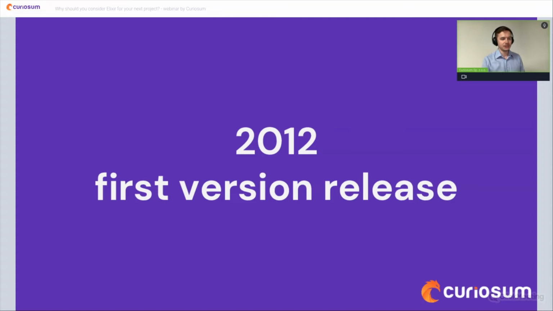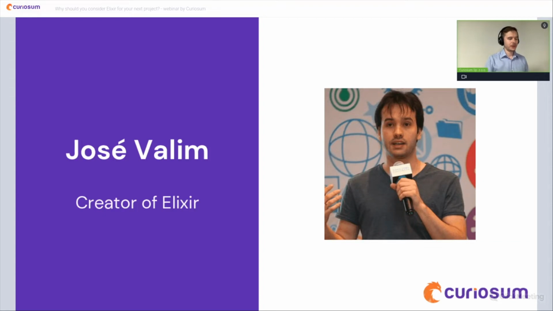The first release of Elixir was in 2012. And the author of Elixir is José Valim. He's from Brazil, living in Poland, by the way. And the reason why I think this is great is that José actually was a core Ruby team member.